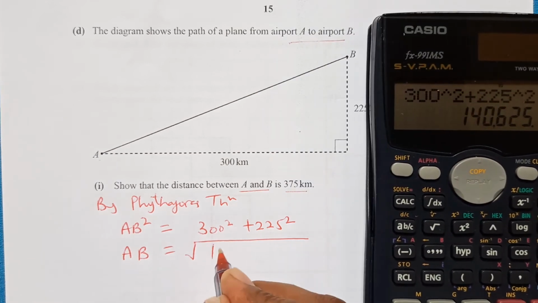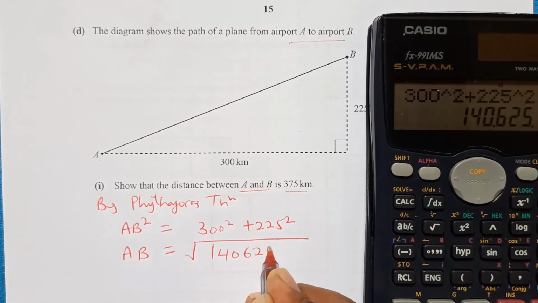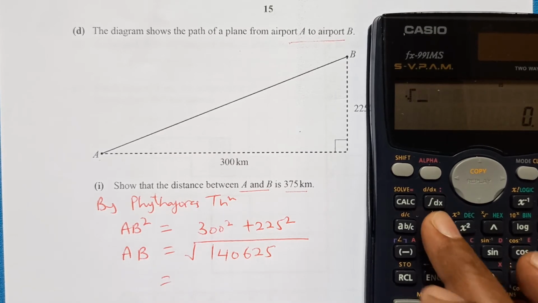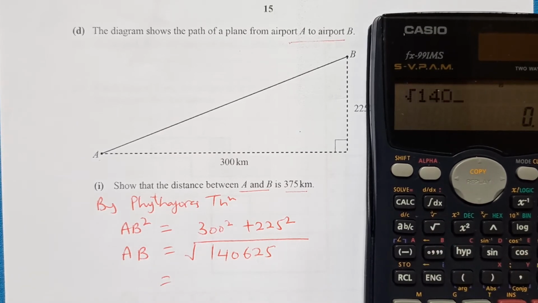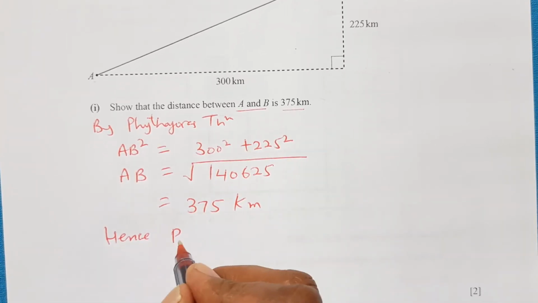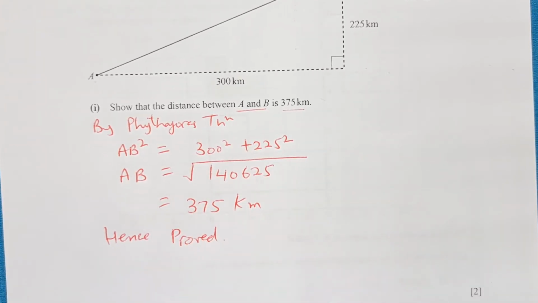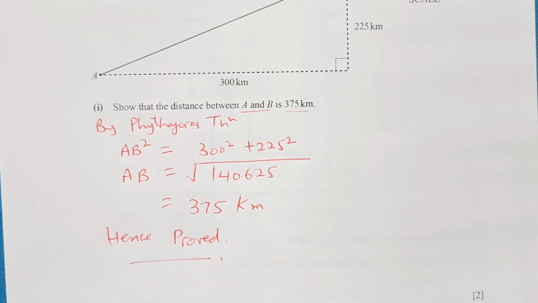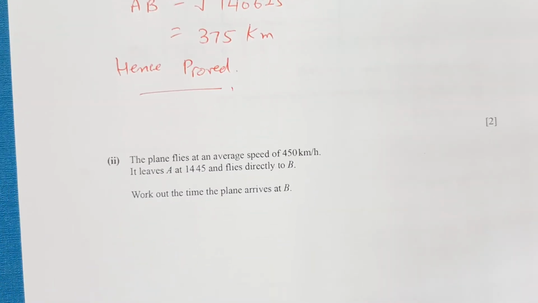So this is 140,625, and then the square root of 140,625 is 375. So that was our question, to prove this is 375 kilometers. So we can write down hence proved. Okay, so that's it.